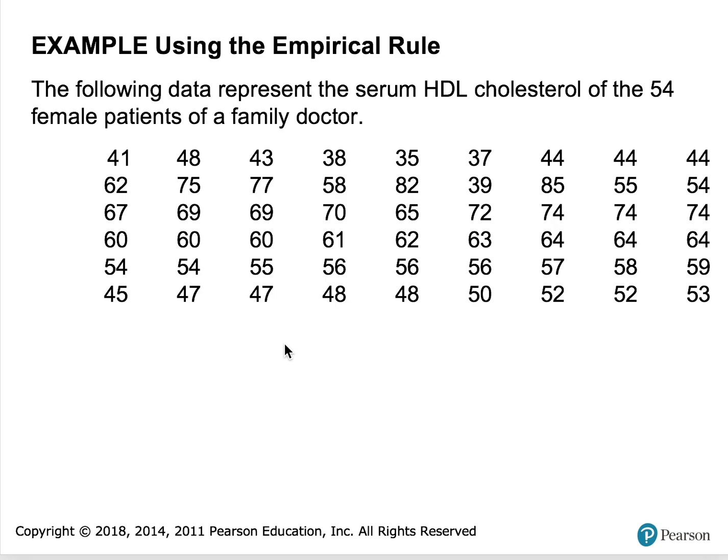I'm just going to enter these values: 41, 62, 67, 60, 54, 45, 48, in my list in the calculator. If you need to pause this and look, I just took a picture of the instructions inside the text in the technology tips, so that you can catch up with us.